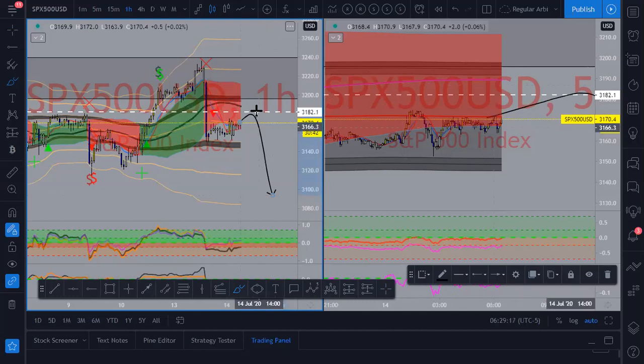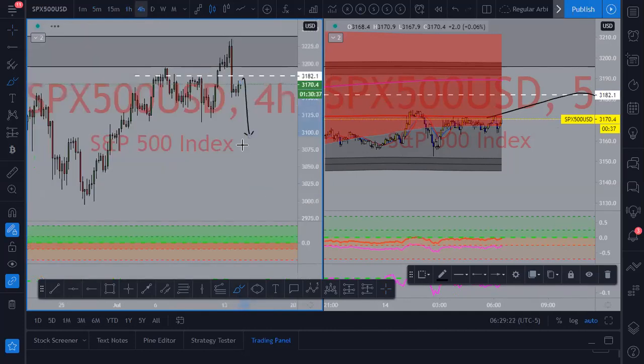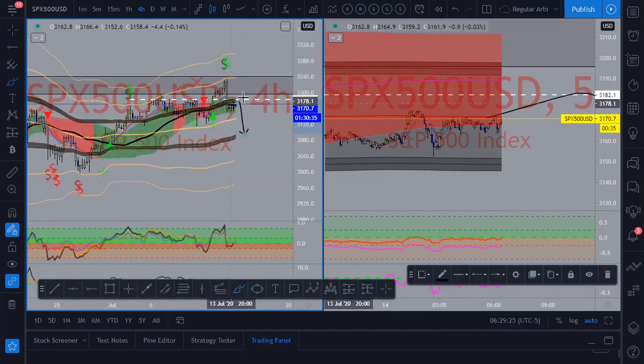But the reason why I want it at this line, and I don't know if you guys saw it before I changed it, is because that's where the upper danger zone is on the 4-hour time frame. We still haven't gotten the sell call on the 4-hour, and the Atlas is still calling for a buy as well. So I just want to see if price will eventually climb up there to drop again.